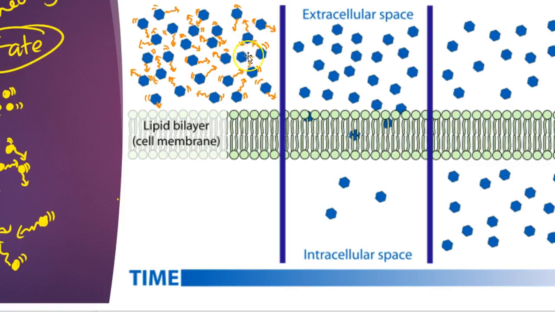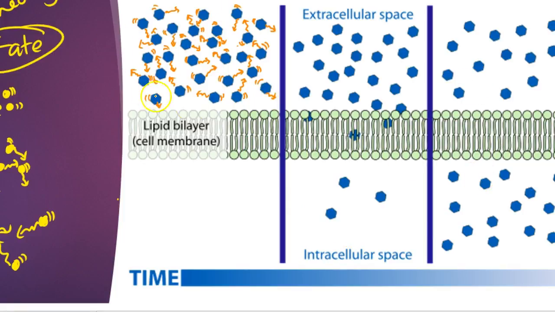Now, if these are small non-polar molecules like oxygen and carbon dioxide, they can literally slip through these gaps in the membranes here without having any problems. And because some of them are moving down, some of them are moving all over the place, but some of them are moving down, they're going to actually end up moving through that membrane until they're evenly dispersed.